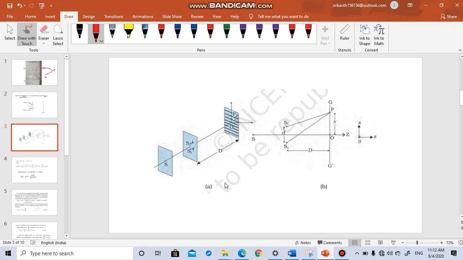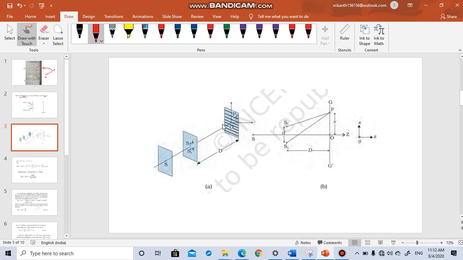Now if light had a particle nature, like a bullet, if a bullet goes through this hole, it will go and stick at some particular point. If light had a particle nature, such behavior would have been observed.